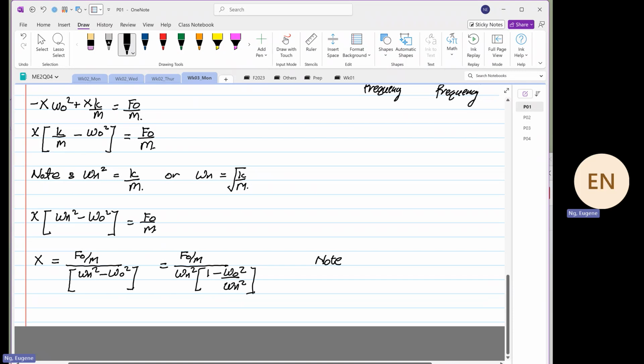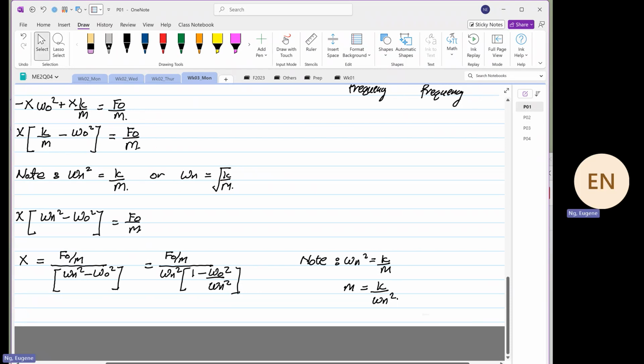So we know that, note that omega n squared is equal to k over m. And we know that m is also k over omega n squared, right?